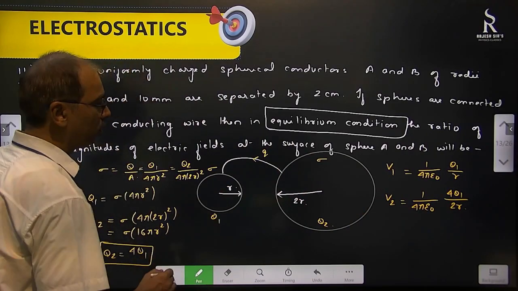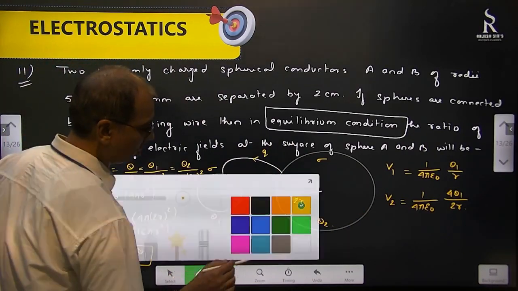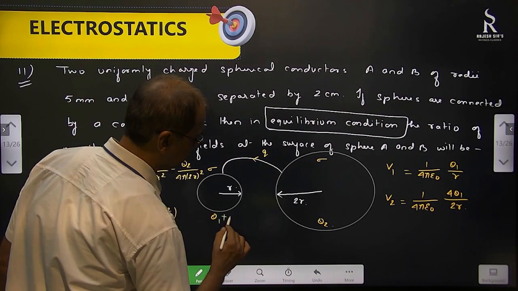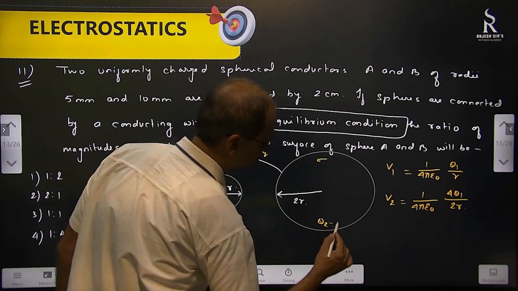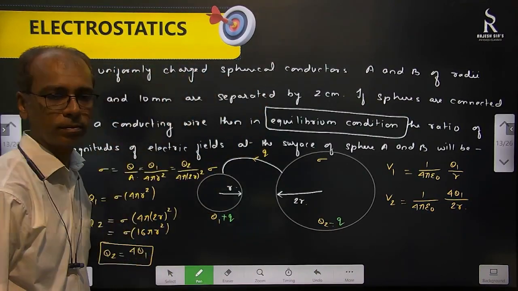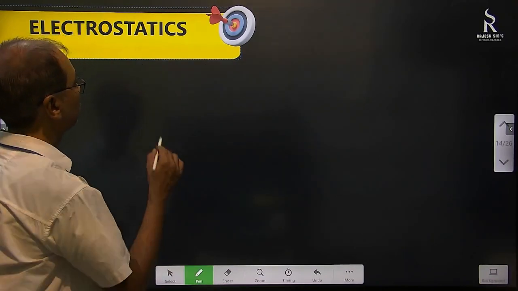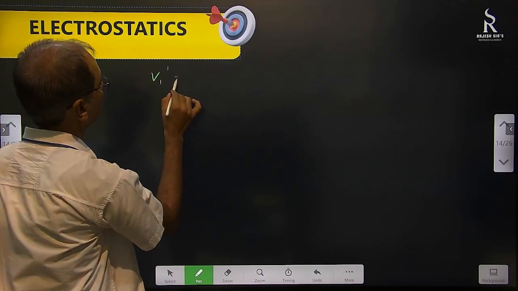So here will be what charge now? I am assuming that now the charge has become Q1 plus Q, and here the charge has become Q2 minus Q. But potential has now become the same. So potential same means V1 dash equals V2 dash.